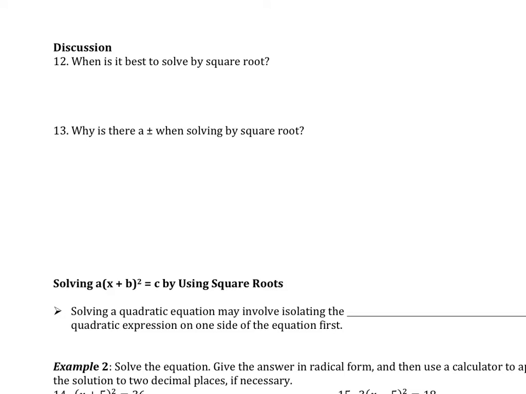All right, so here's our discussion that I alluded to earlier. When is it best to solve by the square root? We've had a bunch of problems previously that looked like this. This is a simplistic one, but we factored those.